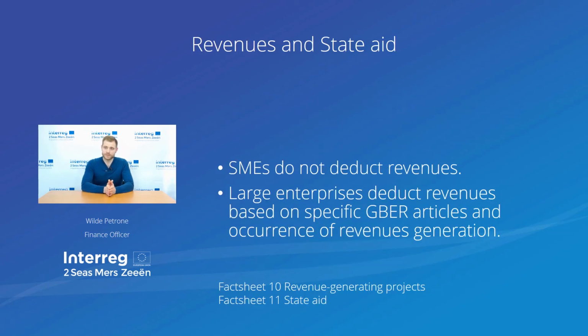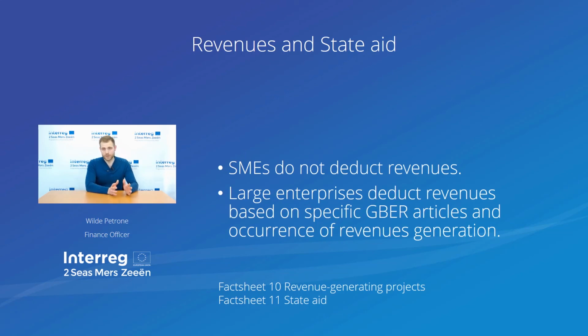Revenues and state aid: here we would say that it's the most advantageous part of the state aid. Let's say if you are an SME and you expect to generate revenues, then you don't have to take care of it.